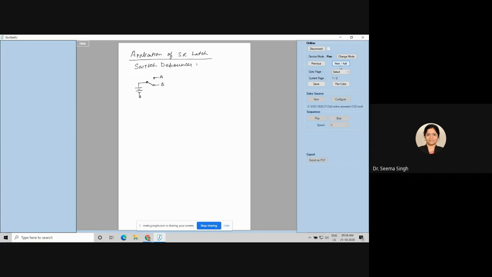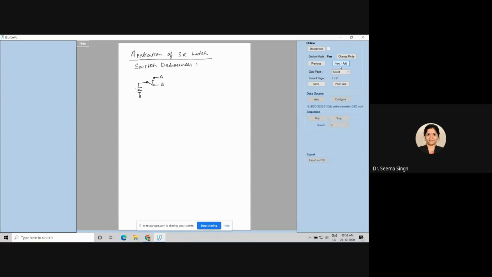For example, if I want to give power to A instead of B, then what will I do? I will connect it this side. I will move the switch this side and it will get connected to A.